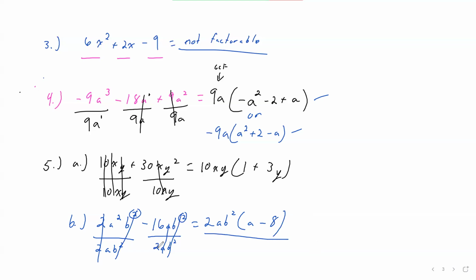Let's try another one. On this one, the B squared and this B squared, 2 minus 2 would be 0. So they would zero each other out. You're welcome.